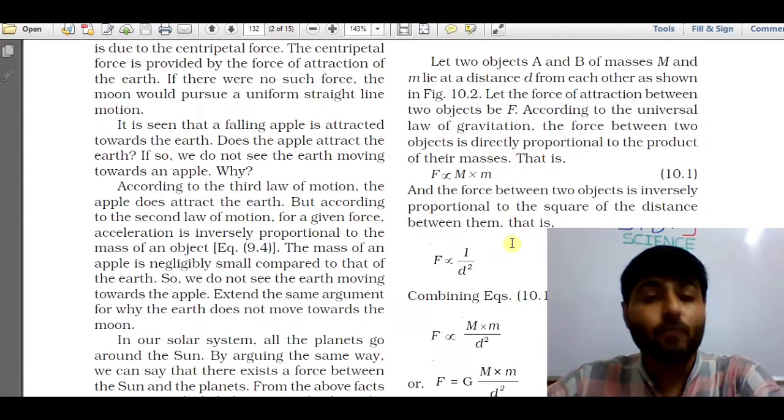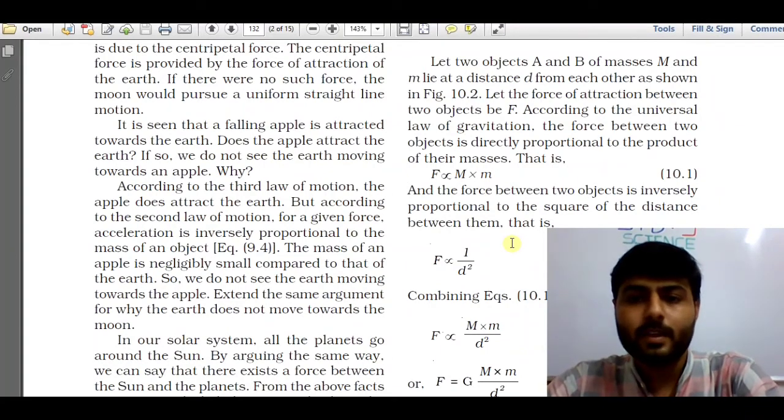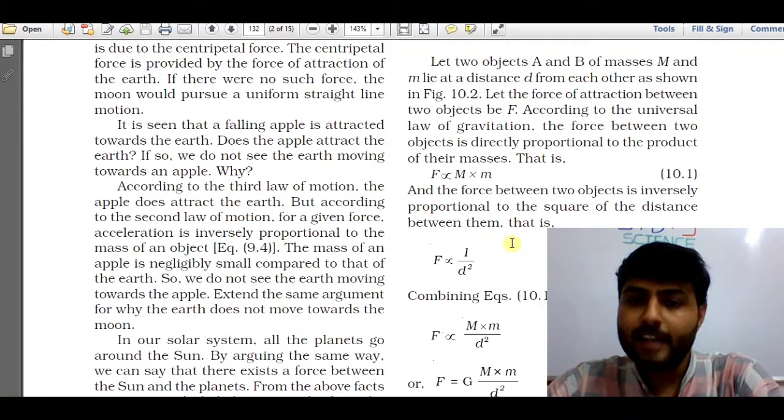Let's derive the formulation and formula of this gravitational law. We have two objects A and B of masses capital M and small m lying at a distance of d from each other, as we can see in the figure.